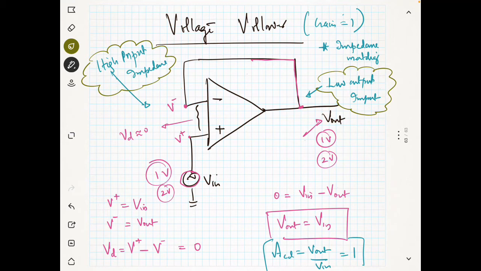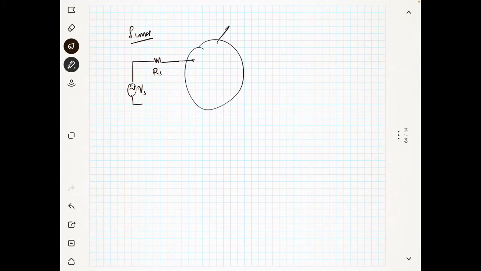Now we will see why it is important. I will give you a brief explanation. Suppose you have a sensor which is producing some voltage, let's say the voltage at the sensor is Vs. This sensor has some internal resistance Rs, and this is your op amp, which has an input resistance which is almost infinity, let's say.